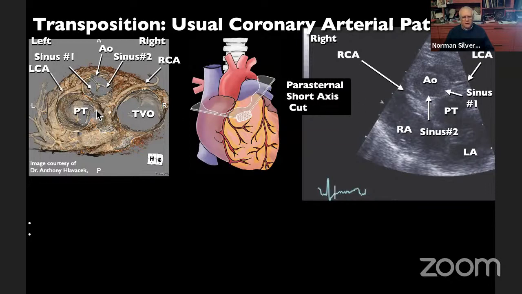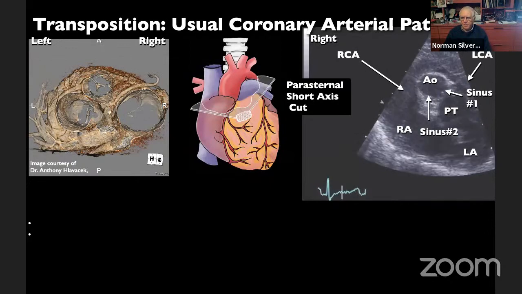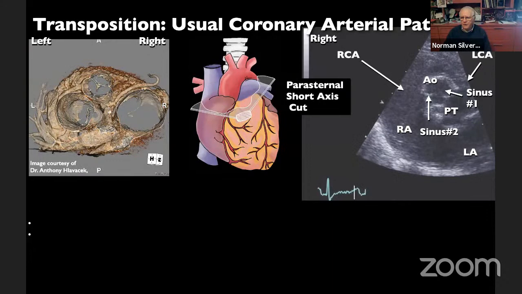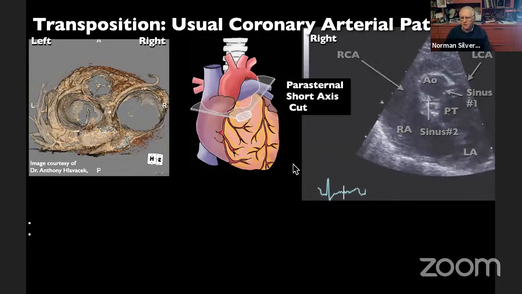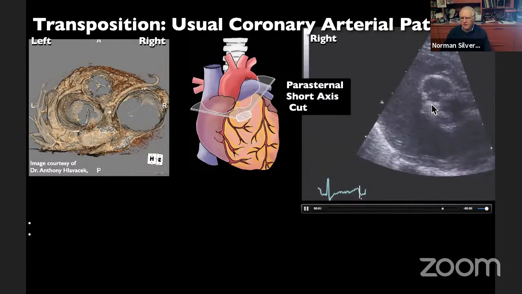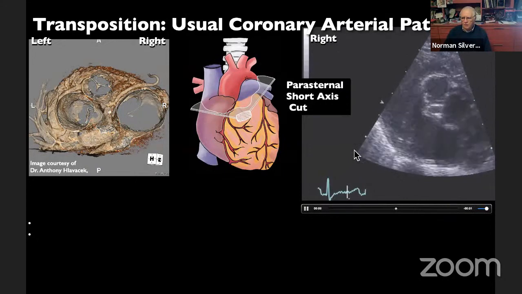So when you hear people talking about this, you have to either know which sinus is which, or you have to put yourself standing upside down in the outflow tract to recognize which hand is going to sinus 1 and sinus 2. But anyway, whatever it is, sinus 1 or sinus 2, we can identify the coronary arteries here very beautifully, entering the adjacent facing sinuses of the aorta.